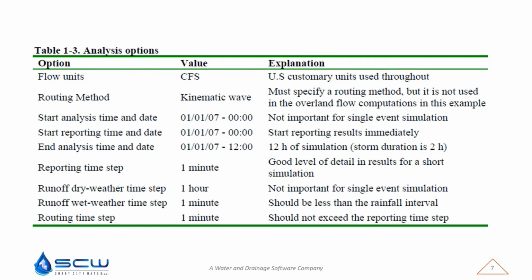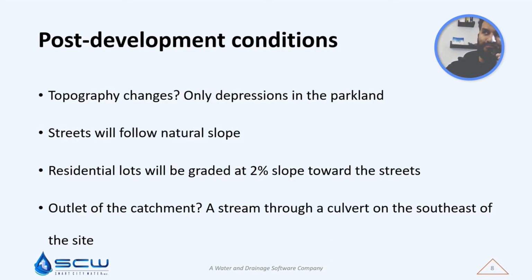For the post-development, the first question is, do we have any topography changes? Not really. The only topography change is for the parkland that we design to have in the future. Consequently, the streets will follow the natural slope.